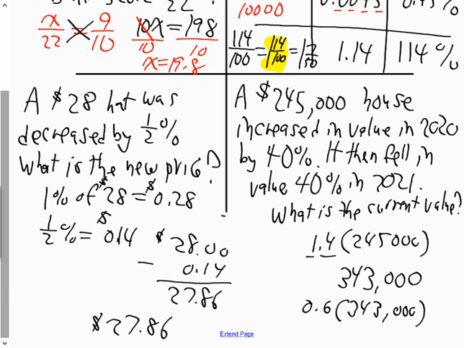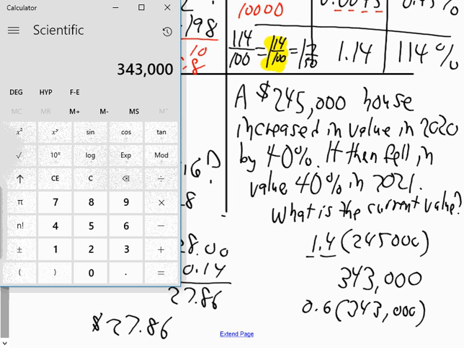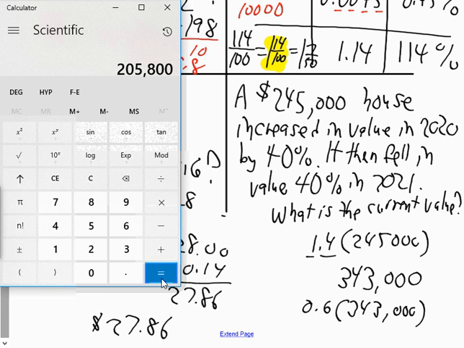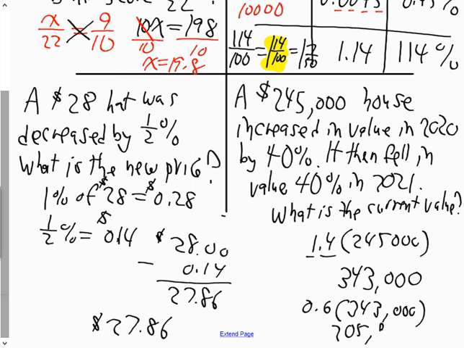Now I'll eat crow if this actually works out to be the same answer, but it's not. So 60% of 343,000 means the final price is $205,800. So it actually is worth less in 2021 than it was in 2020.